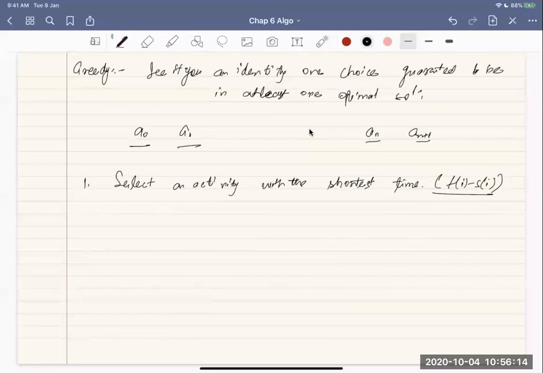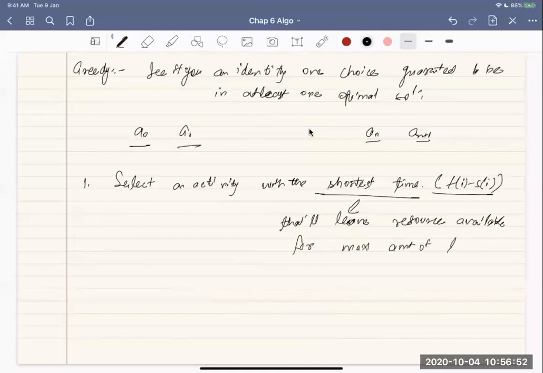And this looks fine, right? Maybe somebody needs a room for only 5 minutes, and if I give it to that person, it may leave the room for the maximum amount of time. So we think, if I choose an activity with the shortest time, that would leave resources available for the max amount of time, and that may be fine.